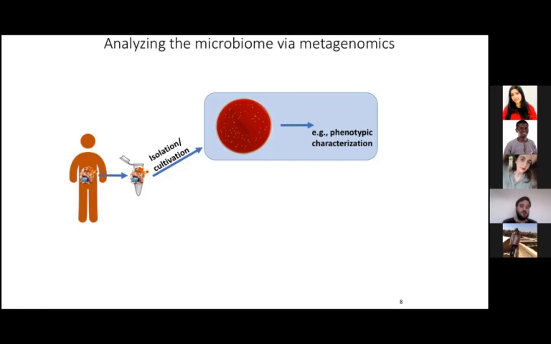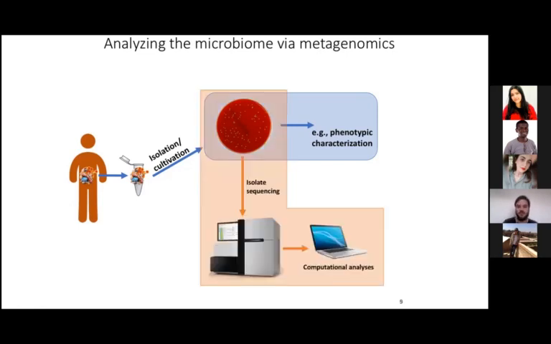Instead of just doing phenotypic characterization, you can also take these isolates and sequence them, and then understand a bit more about their genome, what genes are encoded, and so on.